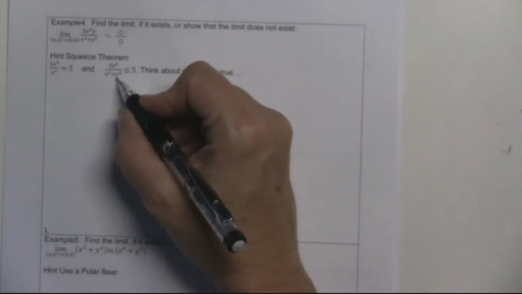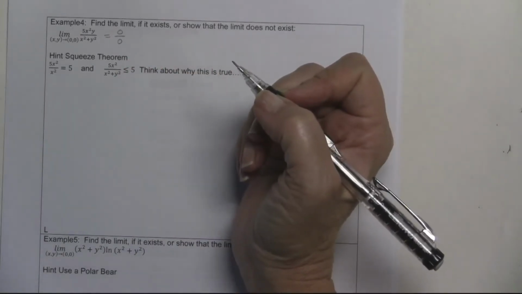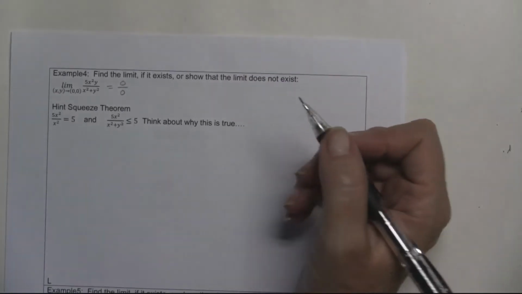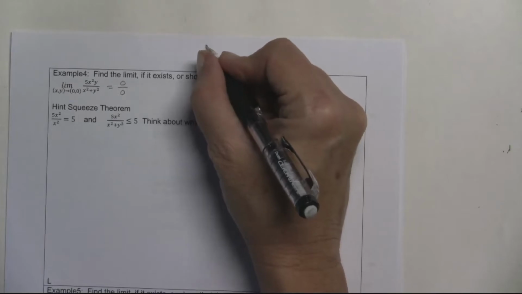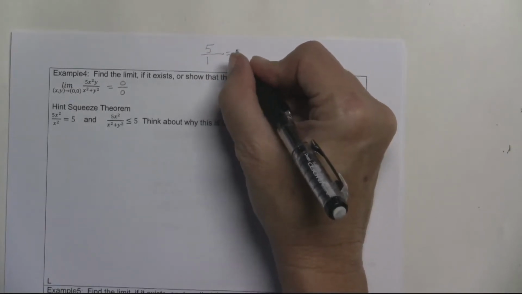And y squared is a positive value. If I added a positive value to the denominator of any fraction, I want to convince you of that with some numbers. So if you had 5 over 1, you guys agree that that's equal to 5, right?